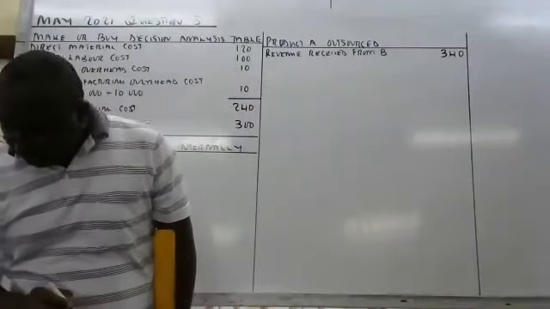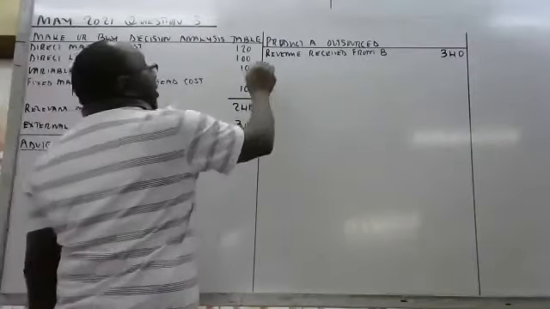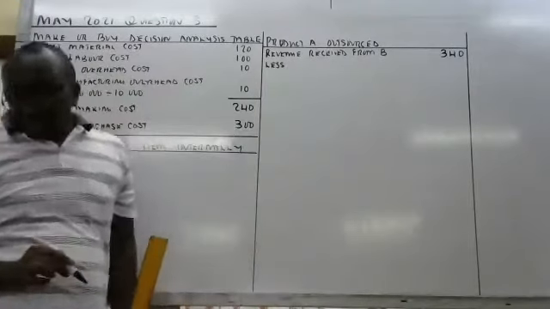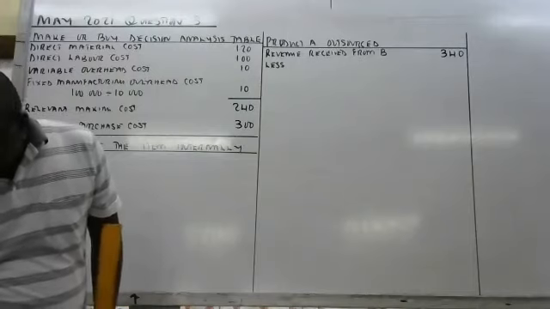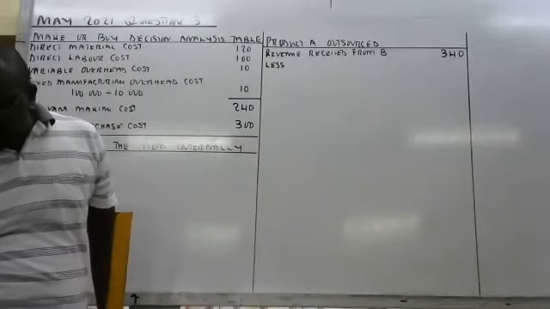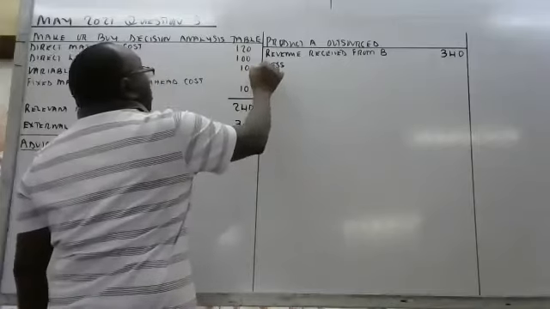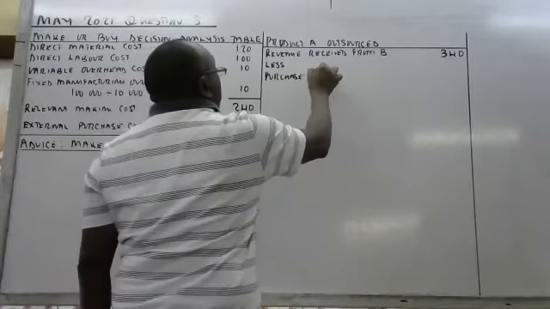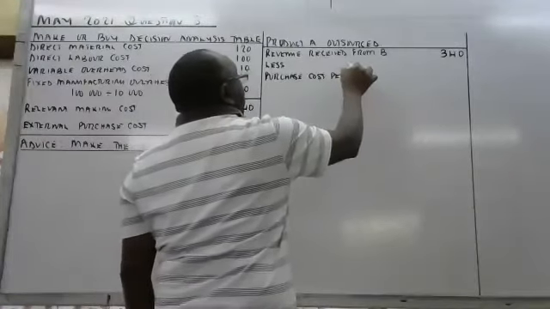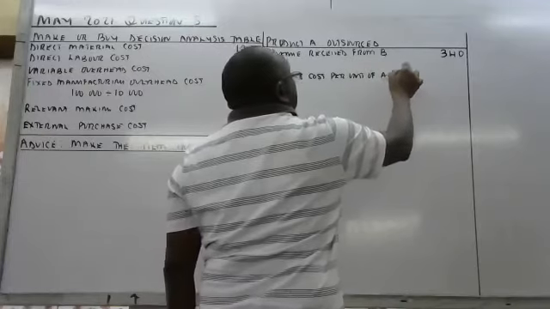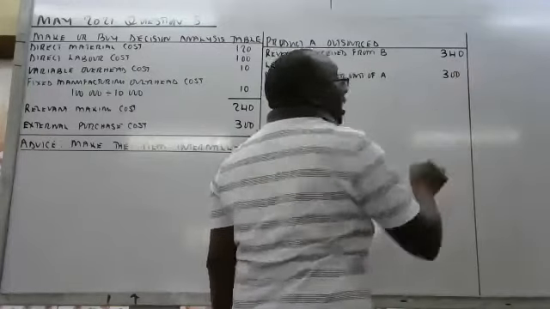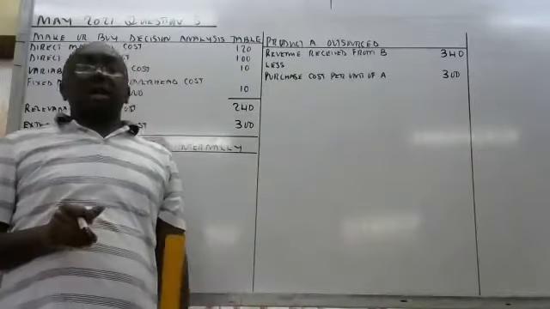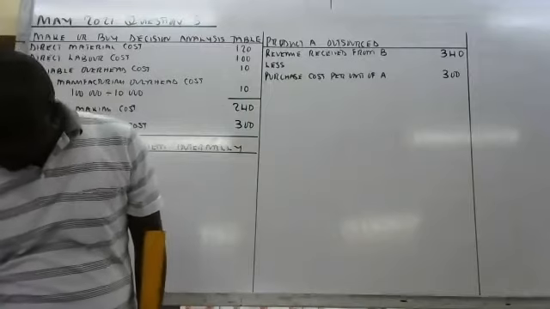Then you now need to less the costs that will be incurred. One is purchase costs per unit of A. We are buying it at 300. So that one should be factored in.